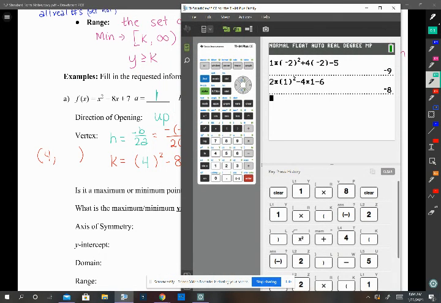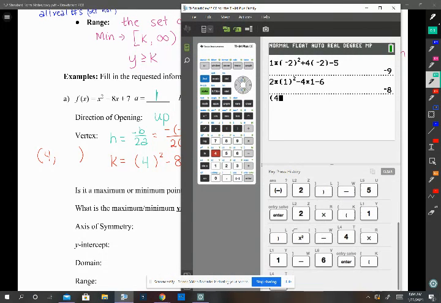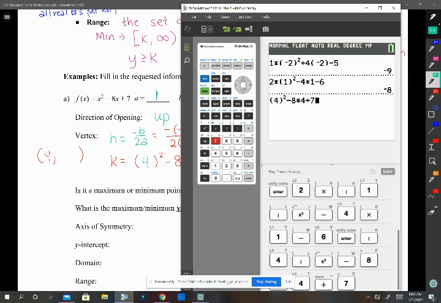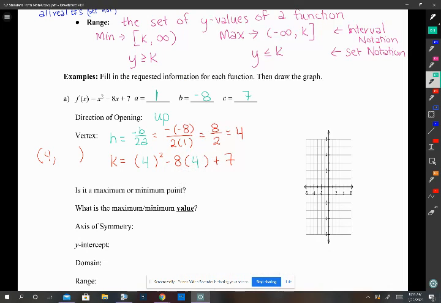So we're just going to go parentheses 4 squared, minus 8 times 4, plus 7. And we just put it in. It's going to spit out an answer, which is -9. And so that makes us know that k is -9.